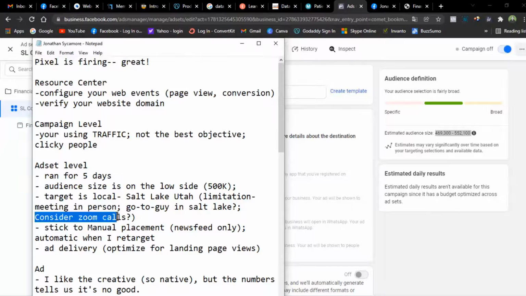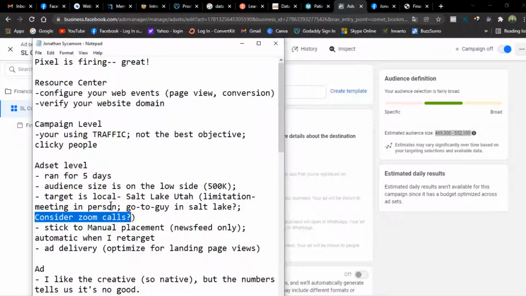Have you considered doing Zoom calls so you can target people outside Salt Lake, Utah? That gives us a better chance, a bigger pool of people where Facebook can find people who need your service.